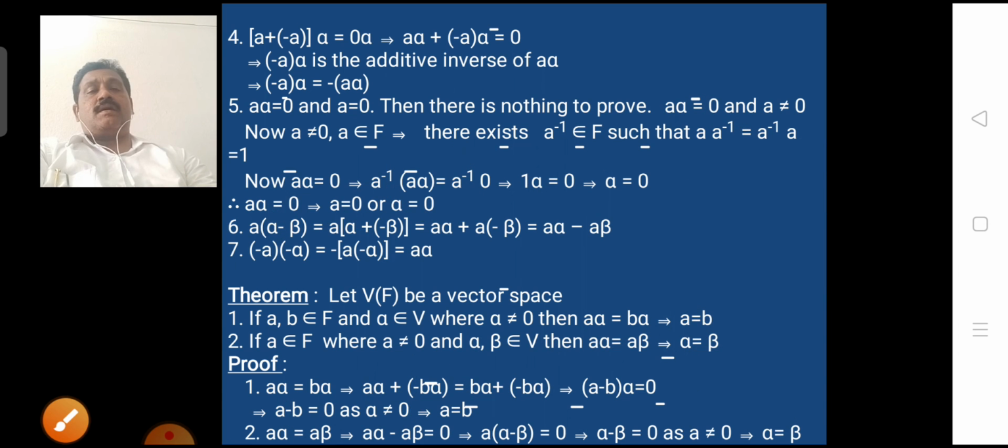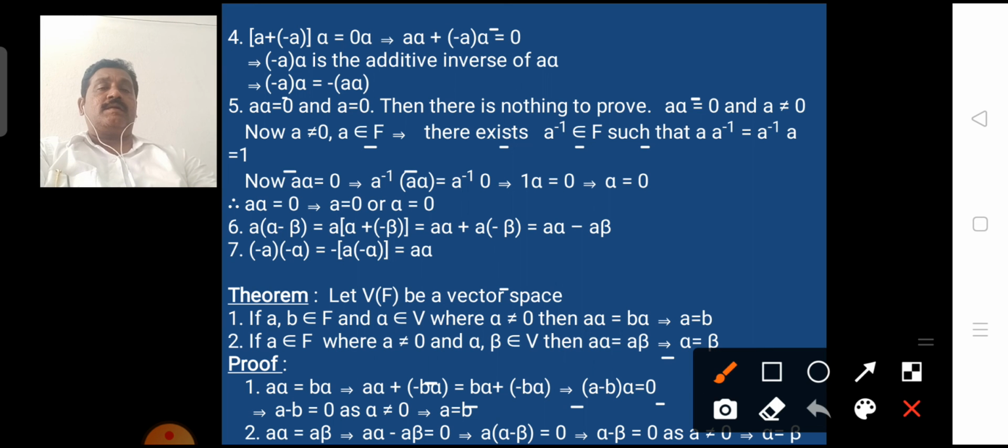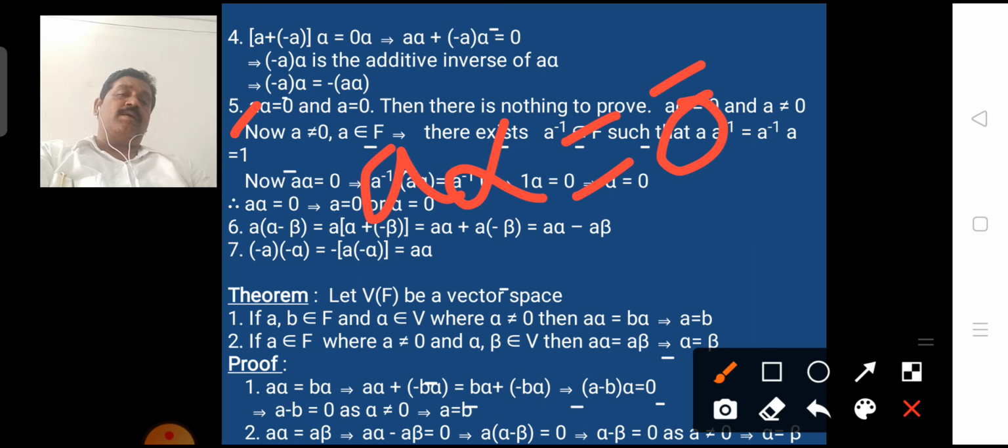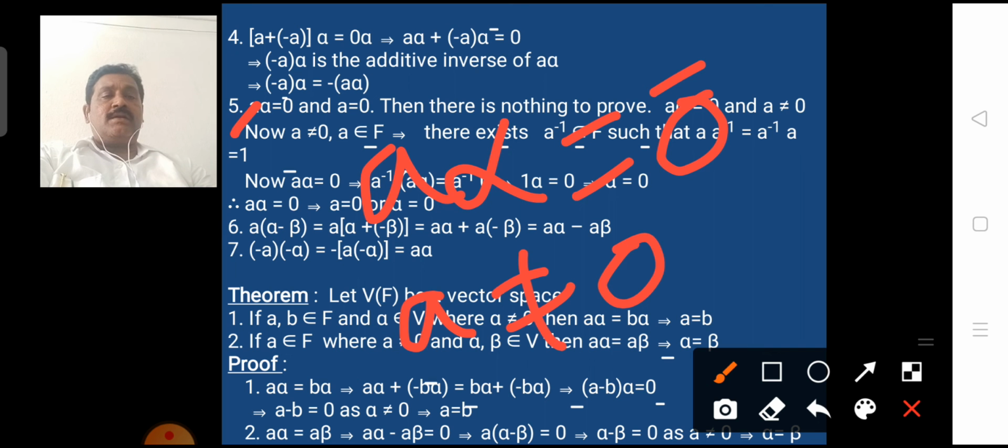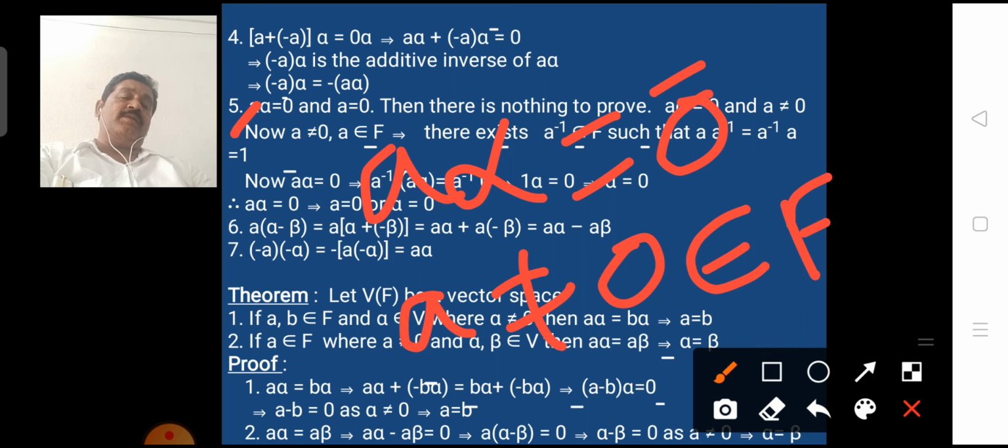And the fifth one is: if A alpha equal to 0 bar, what is our proof? We have to prove either A equal to 0 or alpha equal to 0 bar. If A equal to 0, there is nothing to prove. Assume that A not equal to 0. Then, since A not equal to 0 and this element belongs to field F, from the field definition conditions, every non-zero element of a field has a multiplicative inverse.